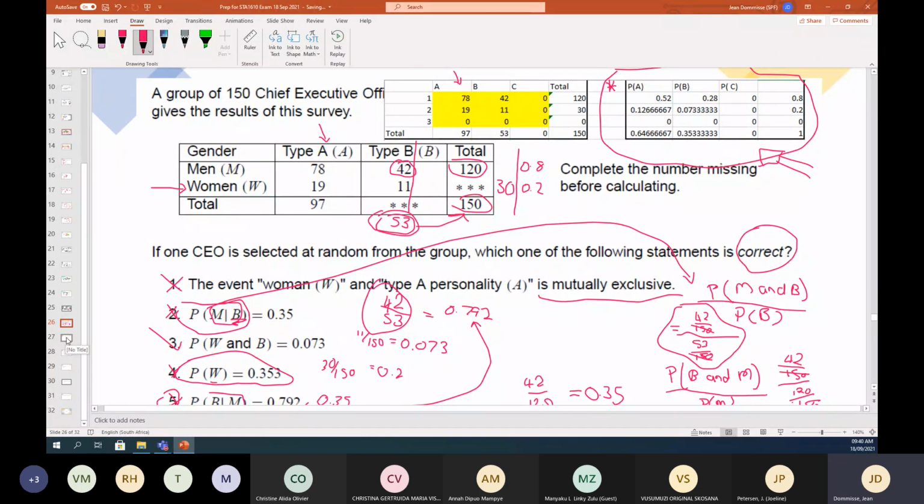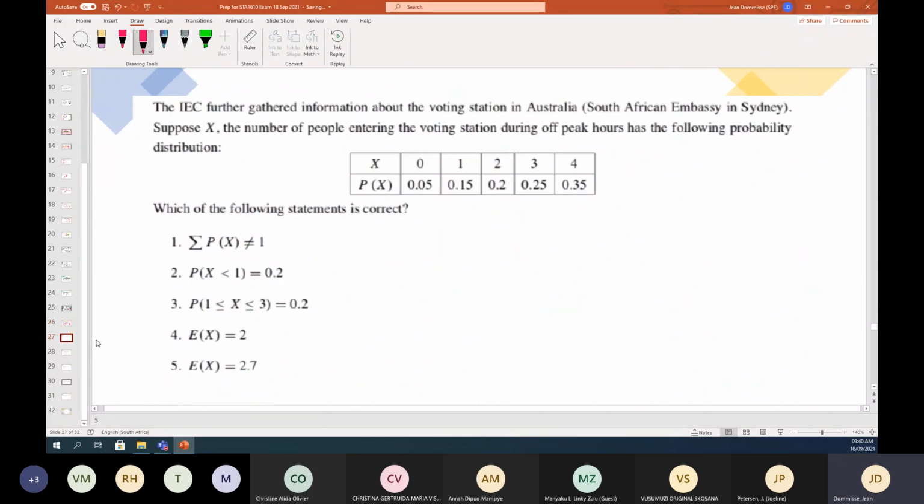Okay, so that's the work on study unit 4. So let's start with study unit 5, because the discrete probability is very similar to the things that we have done in study unit 4. If I ask you, X equal to 0, what's the probability?